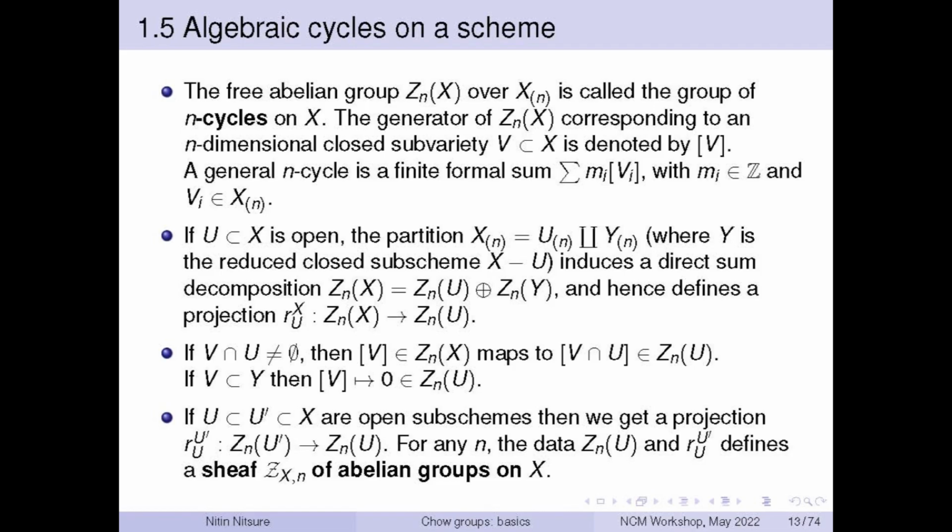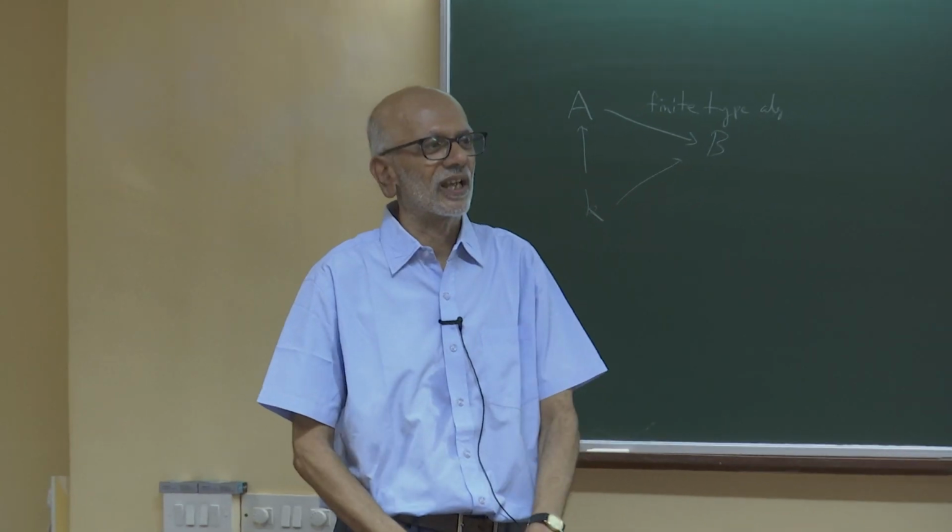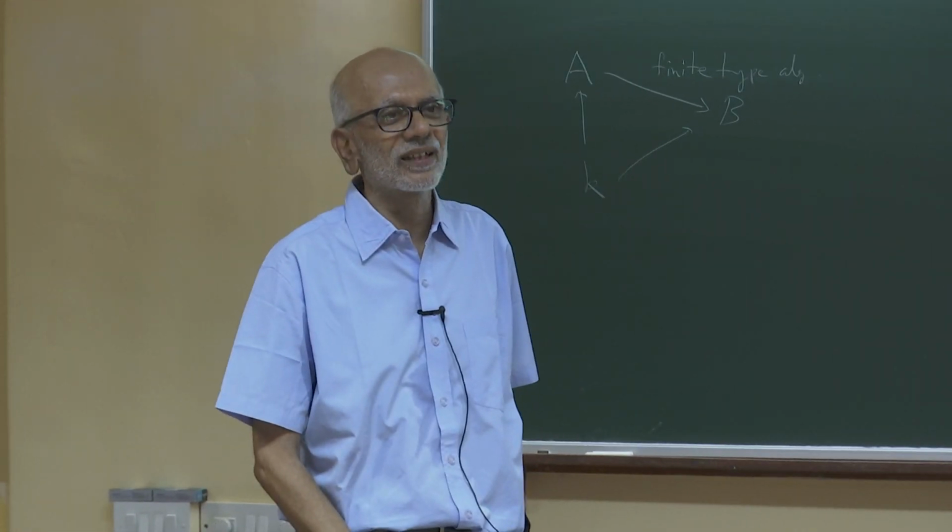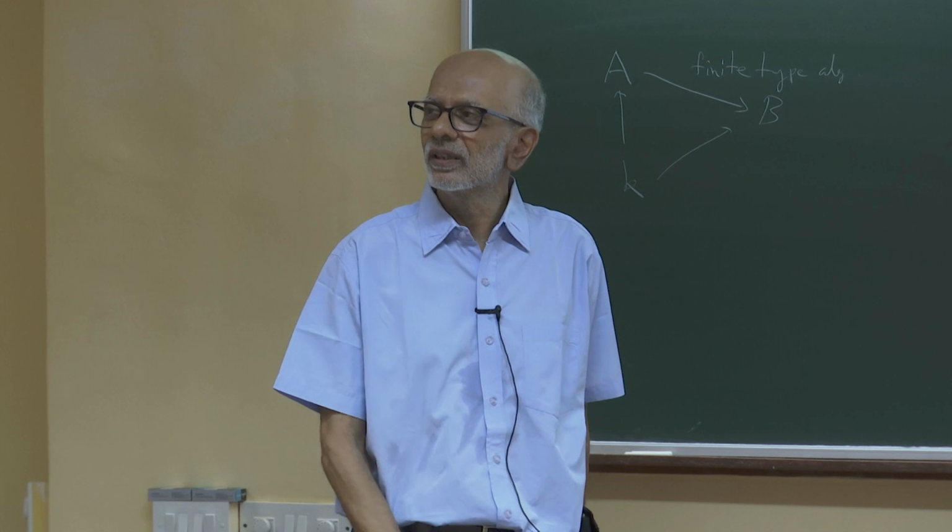So I want to emphasize this word cycle. After we have these equivalences and we go modulo them, and I have not yet introduced them, the cycles become classes. Because a class of different cycles which are equivalent to each other, that's a class. Before that, they are cycles. Notation, the same.